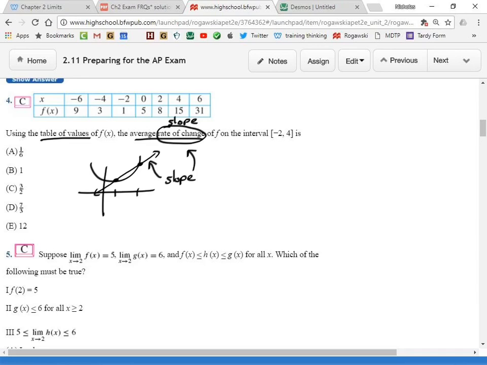But you got to make sure you stay in order. So this is A, this is B. This first one would be f of A, and this second y value would be f of B. You would take f of B, subtract f of A, and then go B minus A on the bottom. This equals your average rate of change.